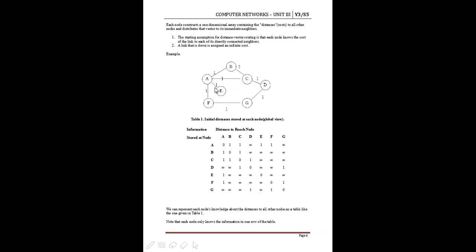Then A to E there is one, A to F there is one, and A to G there are multiple paths. Likewise, every node is listed, displaying the distance to reach each node. So this is a simple example for the distance vector algorithm.